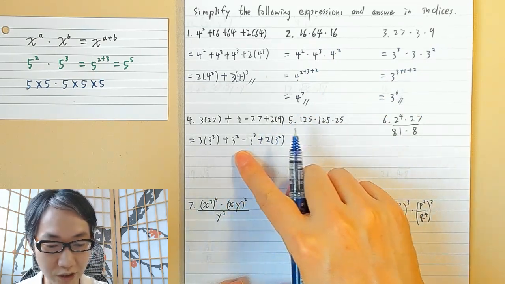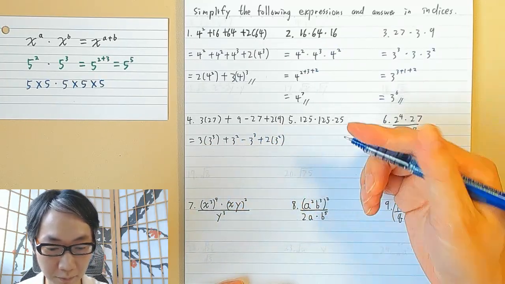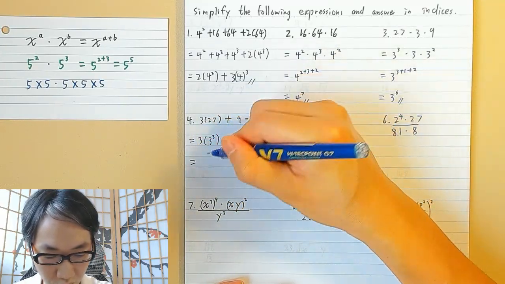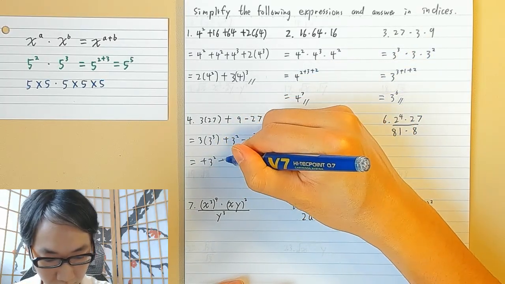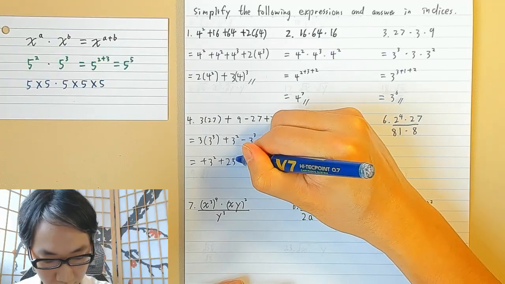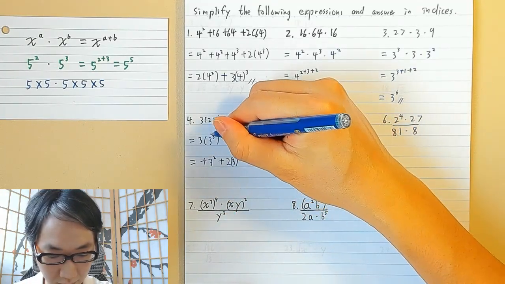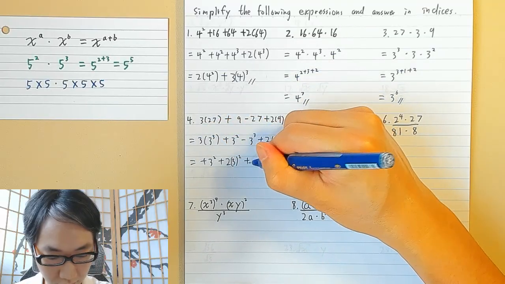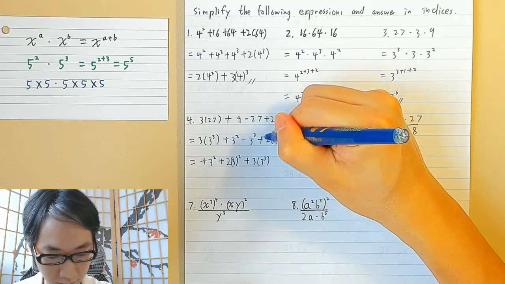So we can rearrange the terms because the order of doing addition and subtraction doesn't matter. These are like terms. Then this one goes over here. And this term.